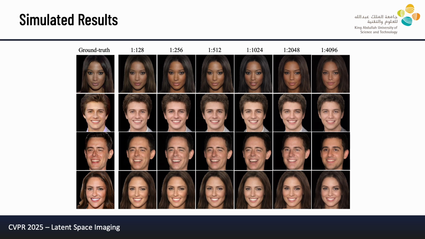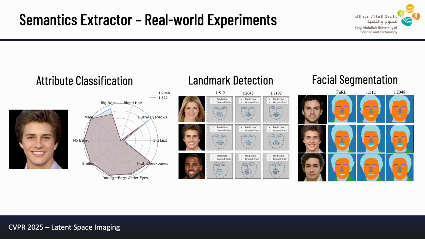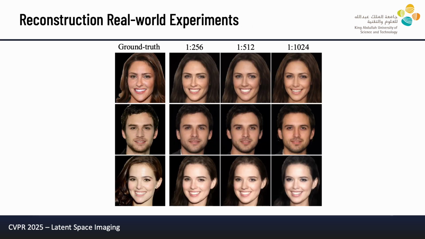The similarity declines after 2048 times compression, however, it is still accurate for downstream applications. As we can observe, the accuracy for attribute classification, landmark detection, and face segmentation remained good even for the same 2048 times fewer measurements. Both the current results and the previous downstream tasks are based on real-world signals acquired using our prototype, highlighting the physical realization of the proposed method.